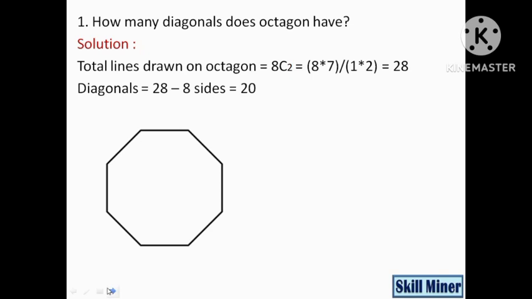How many diagonals does an octagon have? An octagon consists of 8 sides.